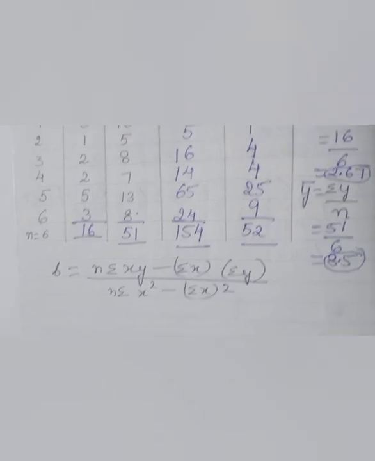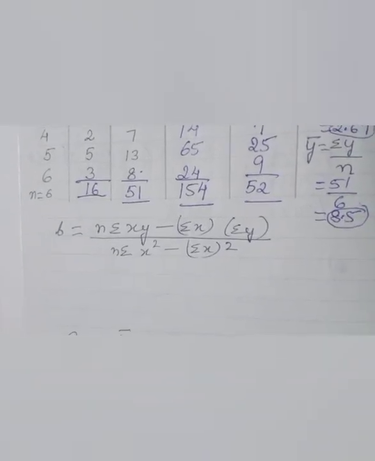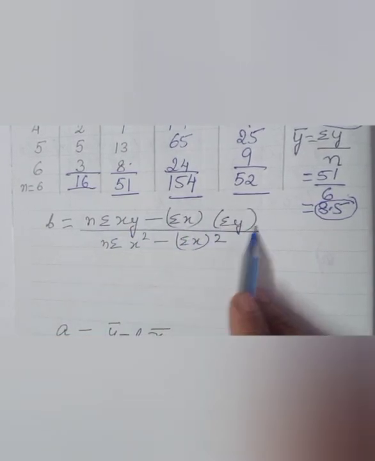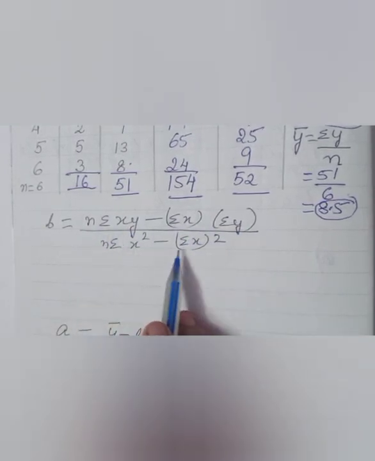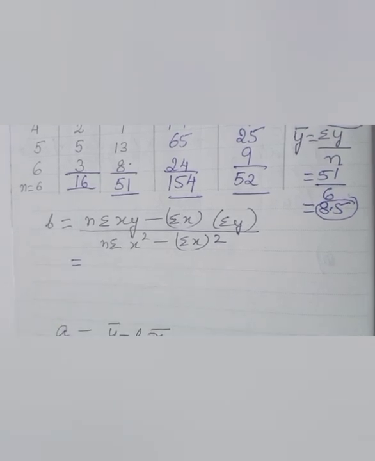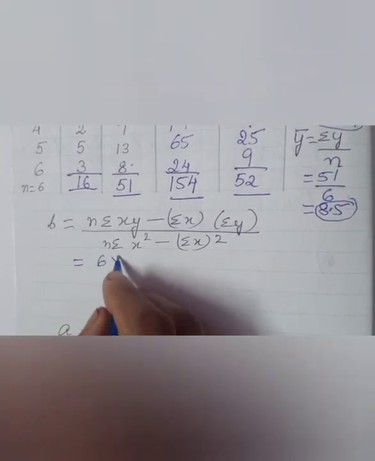Now the formula for b you are already having. What is the formula for b? This is n sigma xy minus sigma x into sigma y divided by n sigma x square minus sigma x the whole square. Now let us substitute the values. n is 6.